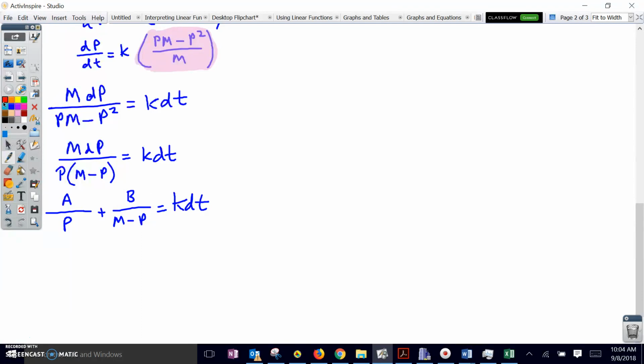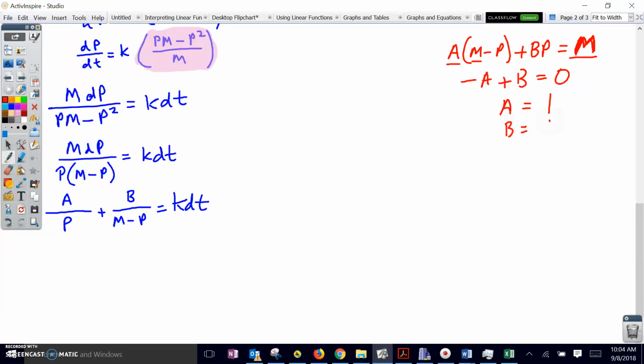I need to figure out what these constants A and B are. I'm going to jot some scratch work over here to the side. We've got A times the quantity M minus P plus B times P has to be equal to M. And so we've got negative A plus B has to be equal to 0, since there are no P's in that expression, and A has to be equal to 1, since A M is equal to 1 M. And so A is equal to 1, and if A is equal to 1, B is also equal to 1.